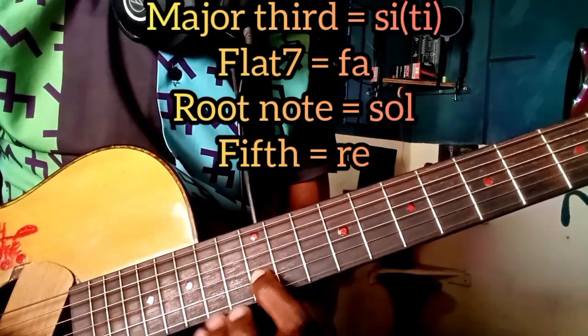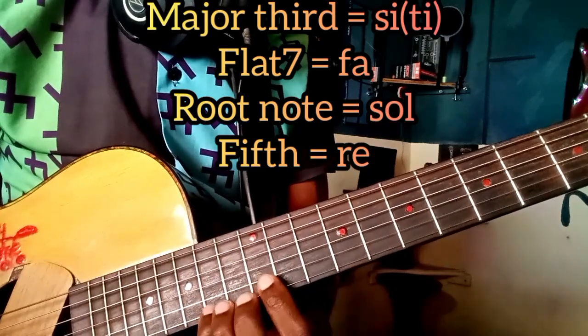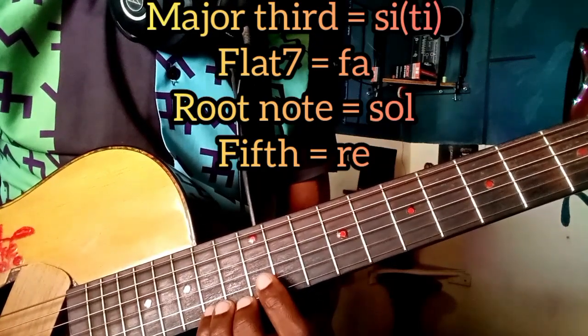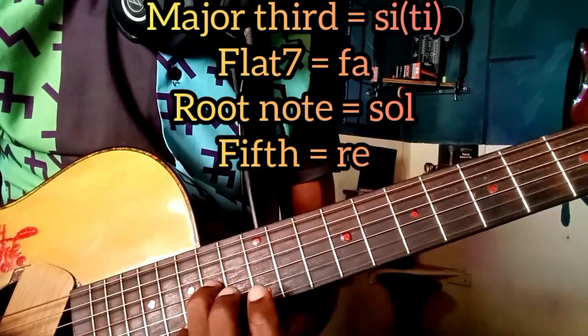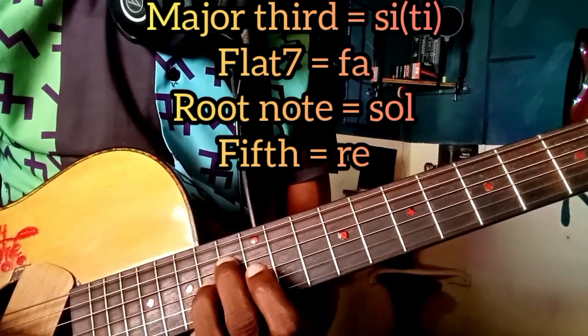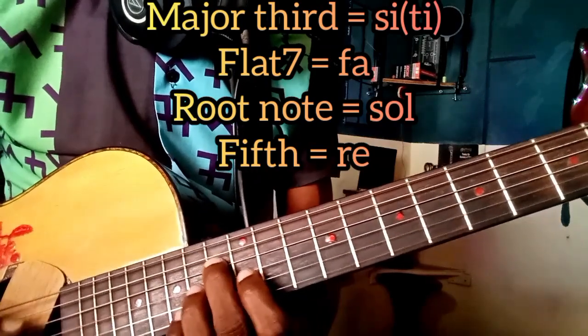So this is the root here, the 5th here, the root here, the 5th here, flat 7 here. So this is the major third here.